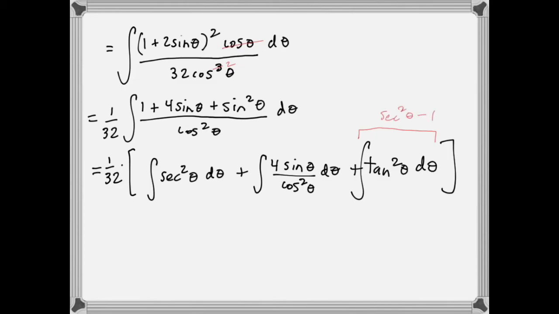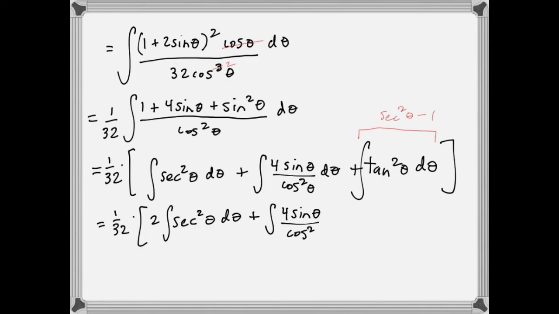So if I'm adding those two together, what that means is I can actually write it like this. I can have 2 of these plus 4 of these, and then I have the minus 1 here, right?